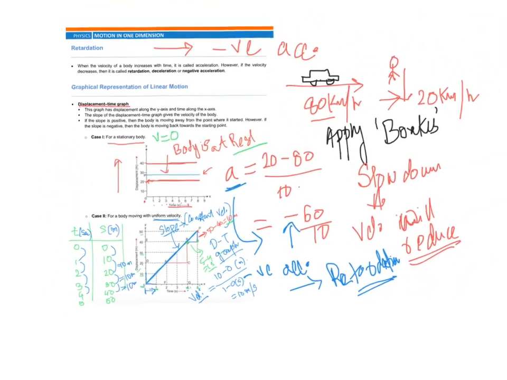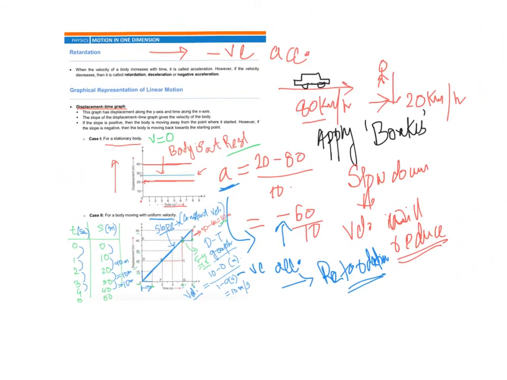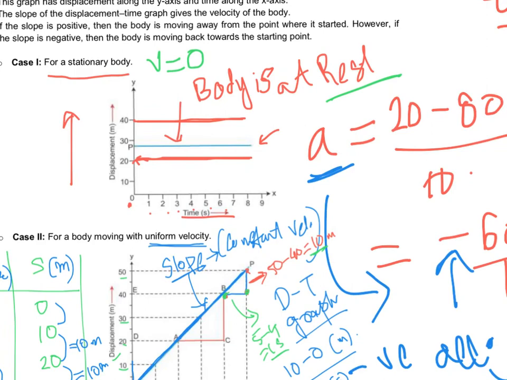Right. Now let's go to the displacement-time graph. We had this kind of figure, and that time the body was at rest because I was plotting displacement here.